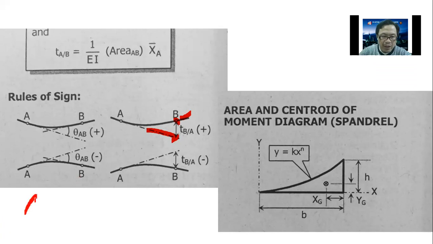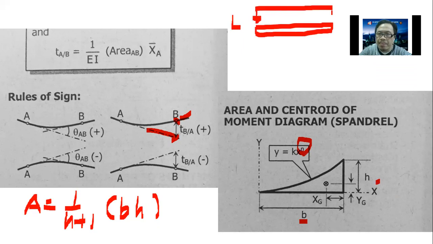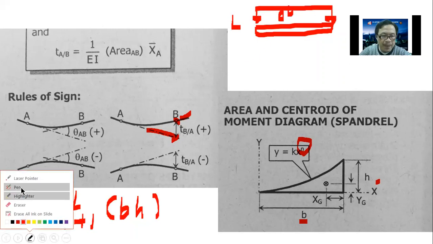For area, you are going to use this formula: 1 over n plus 1 times BH. Example, if this is B and this is H, depending on the curve. If you have a distributed load, of course, this is 0 degree.